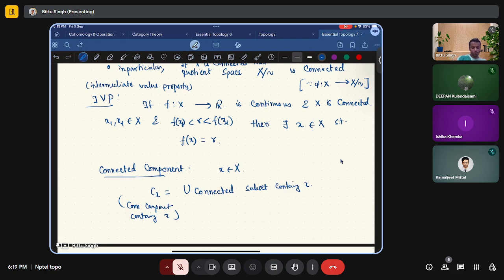Okay, so this is how you can define a connected component.